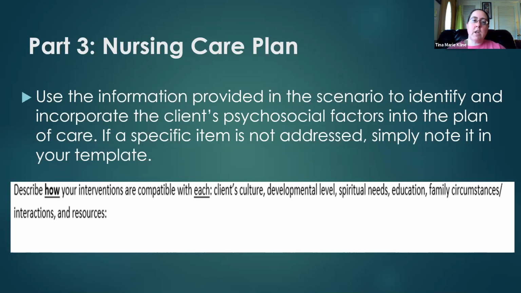So for this, you want to use the information that's provided in the scenario to identify and incorporate those psychosocial factors into the plan. Because this is an ATI scenario, if there's something that wasn't addressed, for example, maybe religion wasn't addressed, just simply note that in your template. You can say, I would consider Mr. Gomez's religion. It was not specified in the scenario.